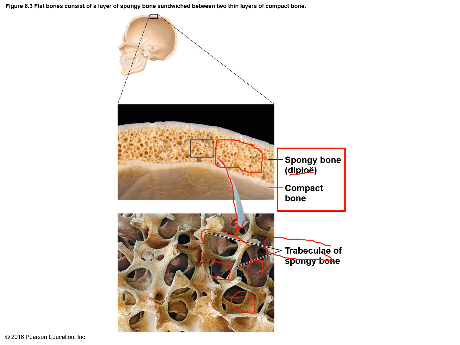And as you come back to the top picture, you notice that you have a solid layer of bone that sits on top and the bottom, and that is your example of compact bone. So anytime you see the term diplo, that basically means that you have a sandwich with the spongy bone in the middle and the compact bone covering it on the outside as well as on the inside.